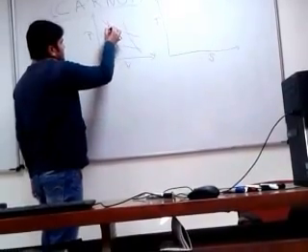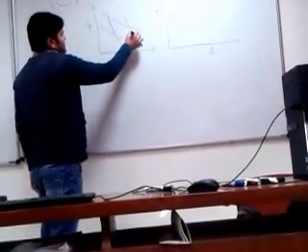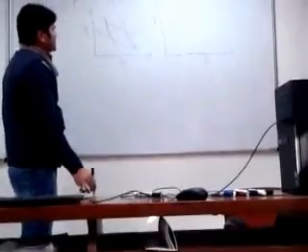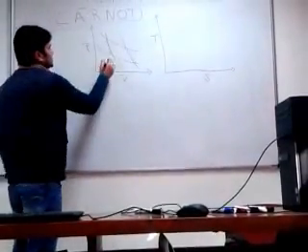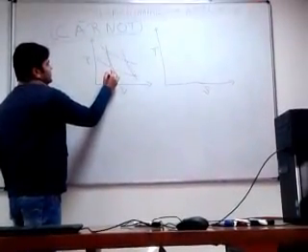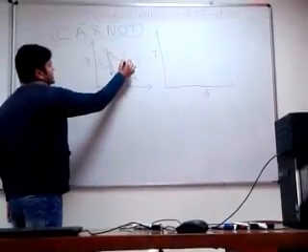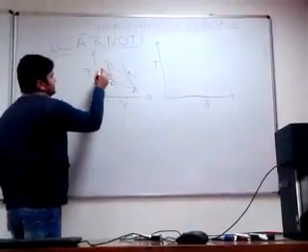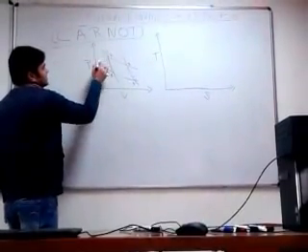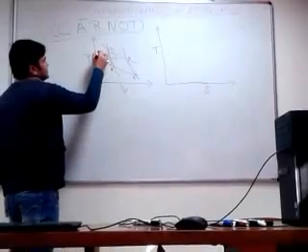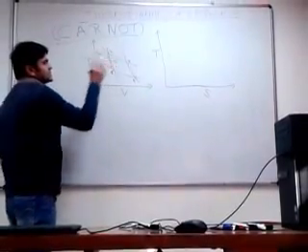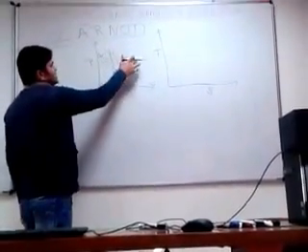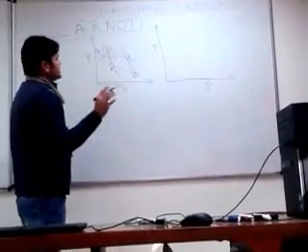We start our cycle with the compression stroke. Here compression starts from point 1, then point 2, point 3, and point 4. In compression work is given to the system, and from 2 to 3 heat is supplied at a constant temperature.